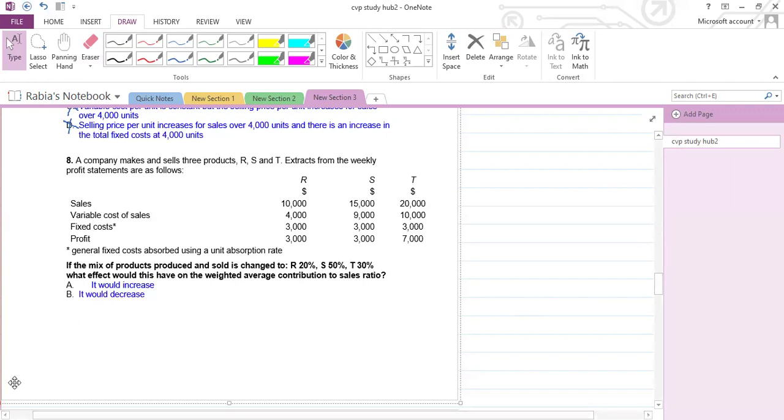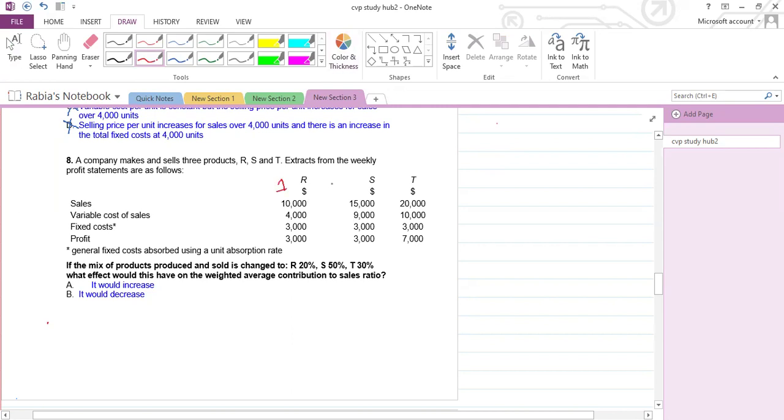First, I have to calculate the weighted average contribution to sales ratio before the change. What is your standard mix?